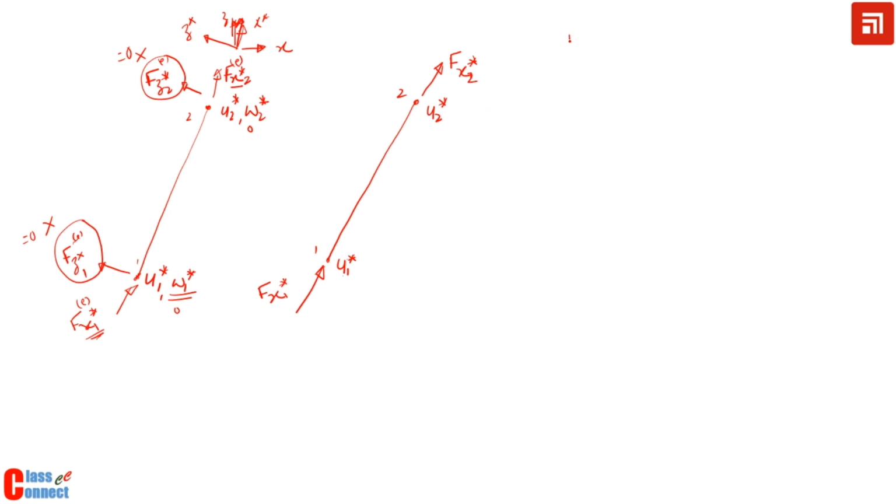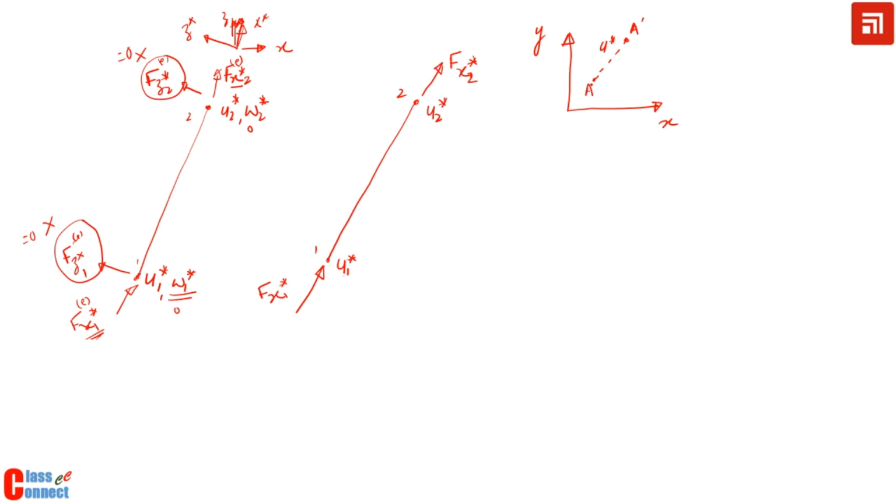If we represent this in the global coordinate system x, z, let us say this point is A, and point A has traveled a distance u star and reaches point A dash.